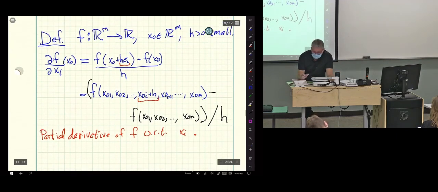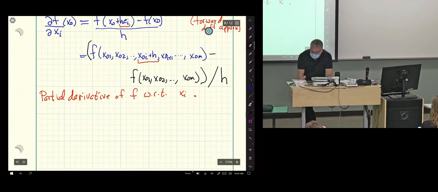The way we've written it down, this would be a forward difference approximation. And then we're free to do backwards or symmetric, it doesn't matter.